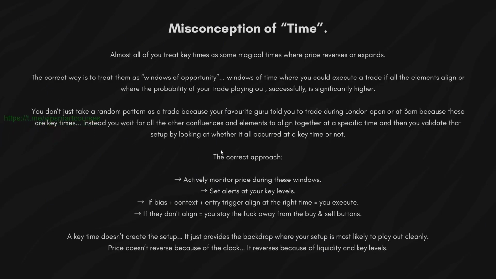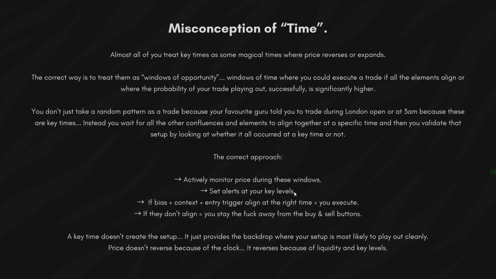The correct approach to key times is that you actively monitor during these windows of opportunity. You set alerts at your key levels, and you wait for your bias, your context, and your entry model to align at one of these key times. And if that's the case, you execute.